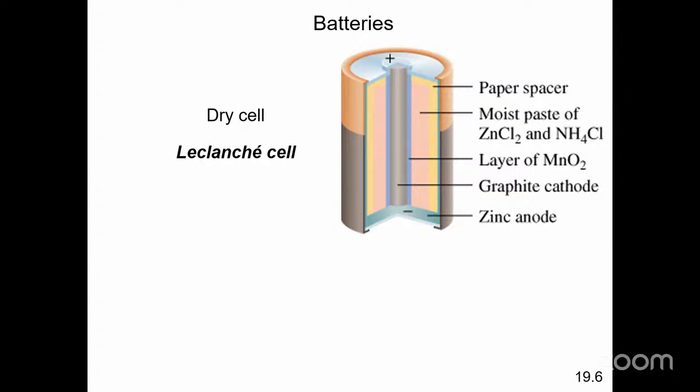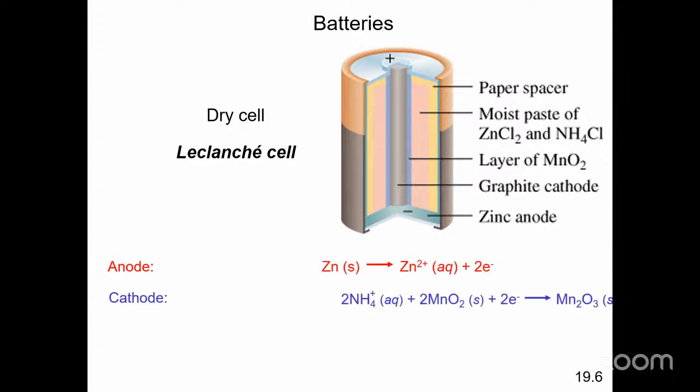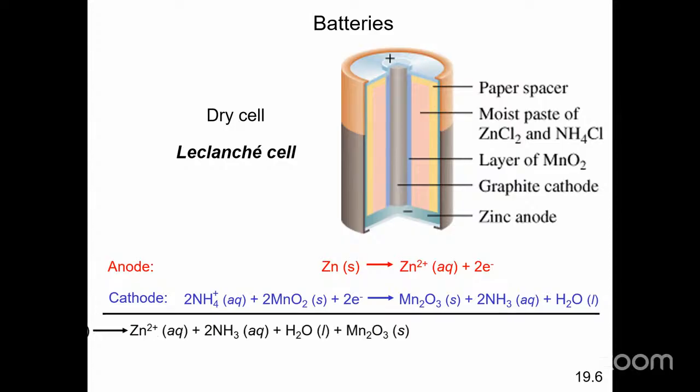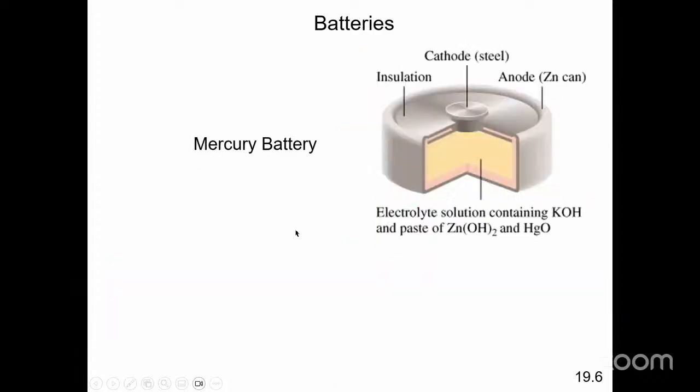So this is just an example of a dry cell, an ordinary battery that you use in whatever devices that you use. And here is the anode reaction in this case, and here's the cathode reaction, right? A bit more complicated than the ones that we saw earlier, but it's the same underlying process. And of course, you can add these two together to get the final equation, all right?